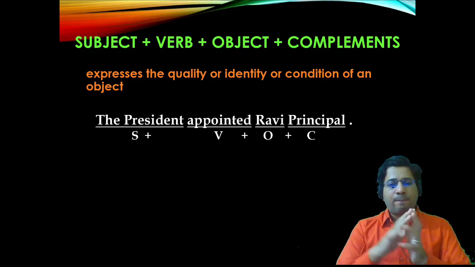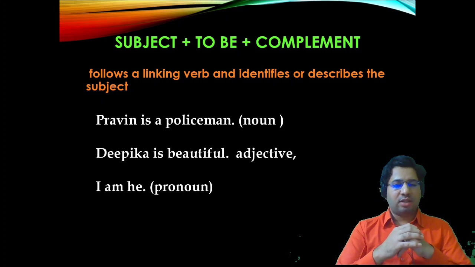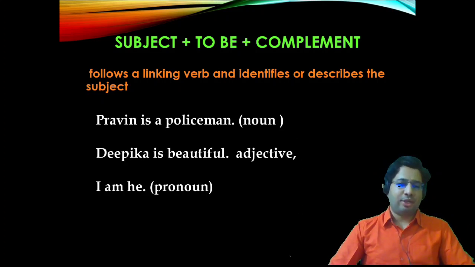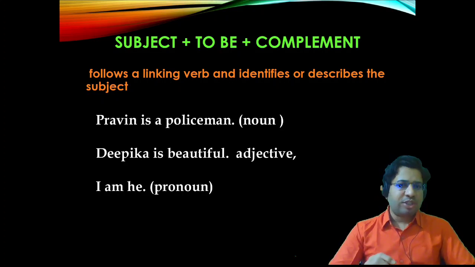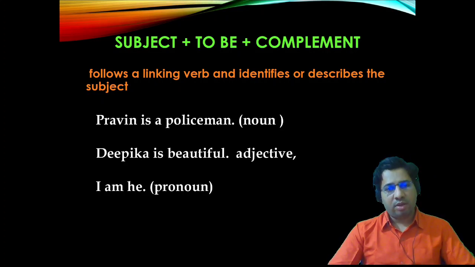Now let us move towards another important sentence pattern, that is subject plus to be plus complement. So in this sentence pattern, a subject complement is a word or a phrase that follows a linking verb and identifies or describes the subject.